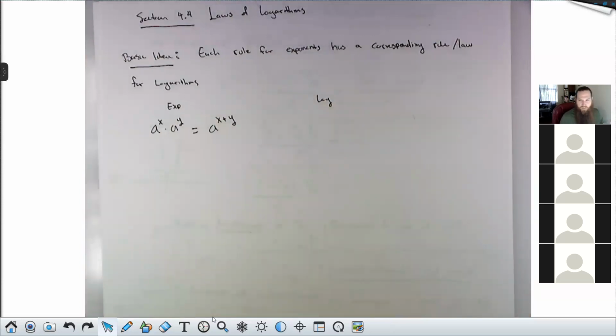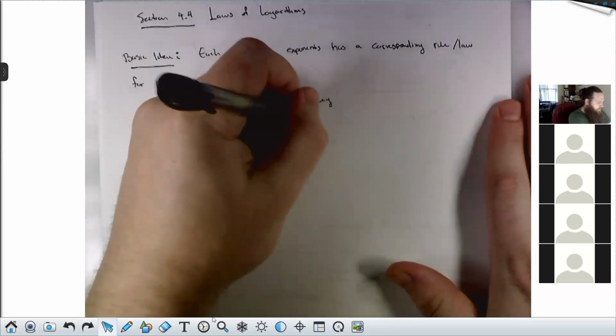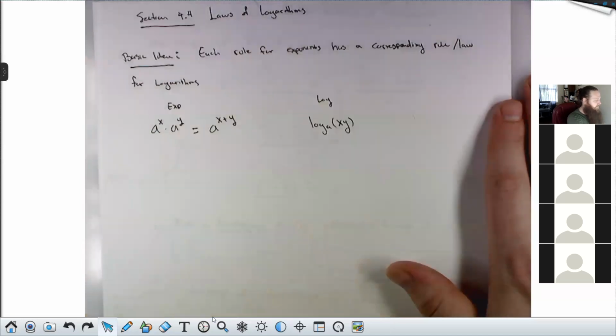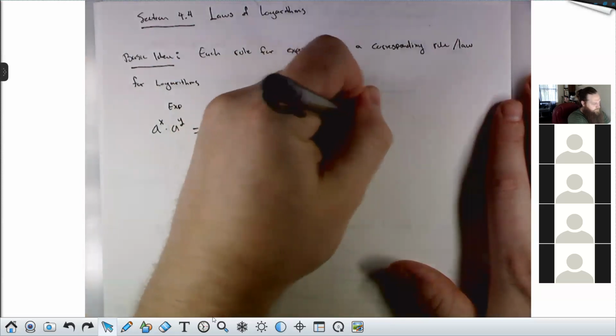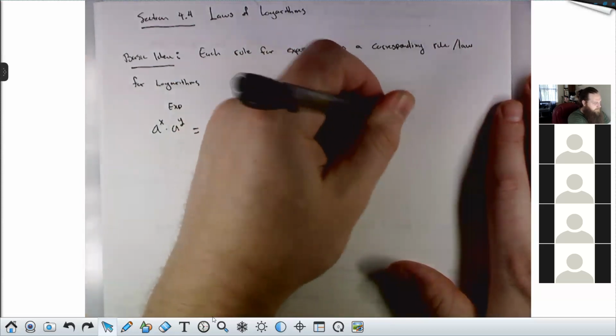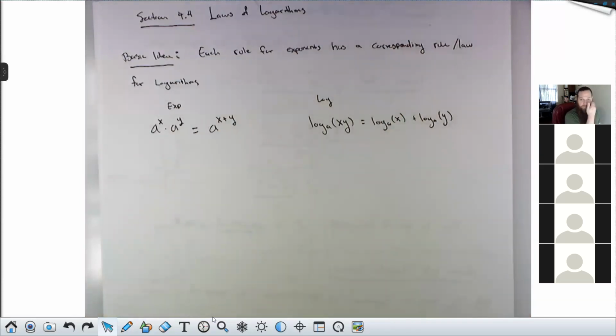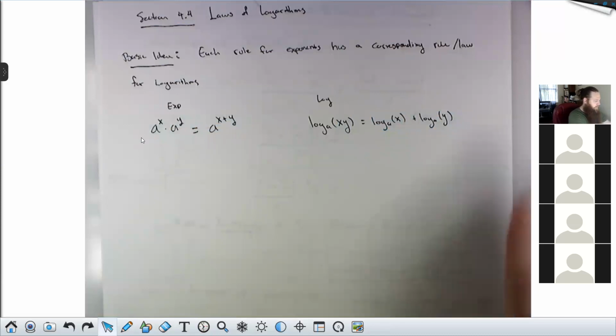Well, the way you would re-express that rule in terms of logarithms is that the base a log of x times y, product on the left, is equal to the sum of base a log of x plus the base a log of y. So one of the things that logs do is they turn multiplication inside into addition outside. And that makes great sense because exponentials turn addition inside into multiplication outside. So these are kind of partner rules. That's the first one.